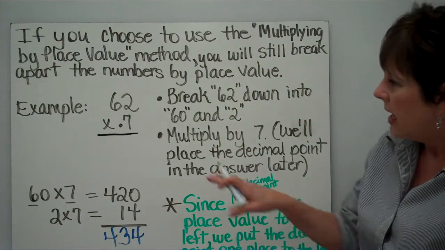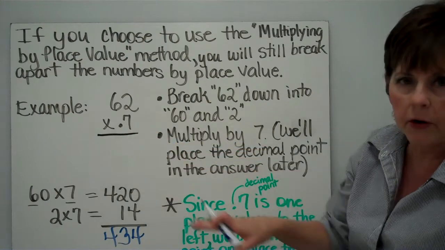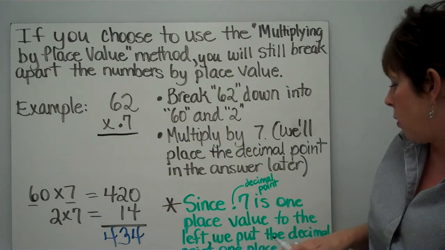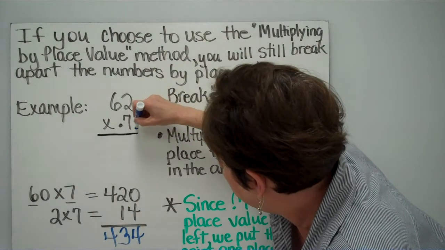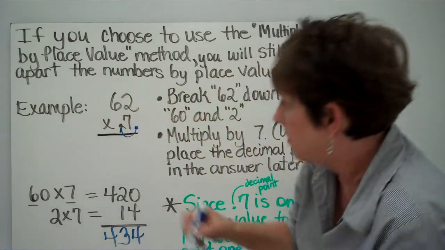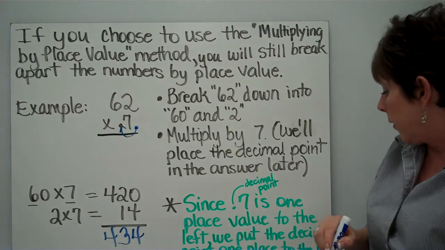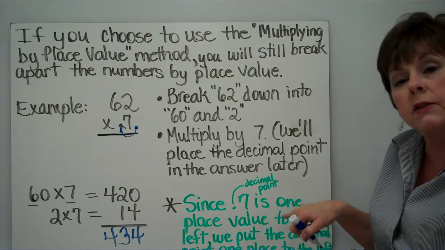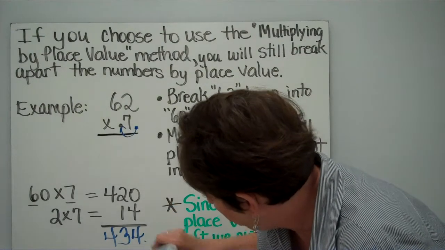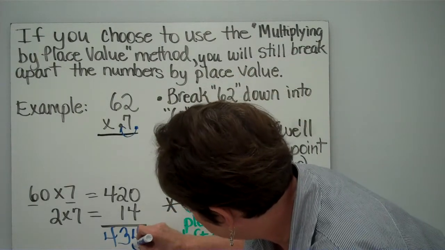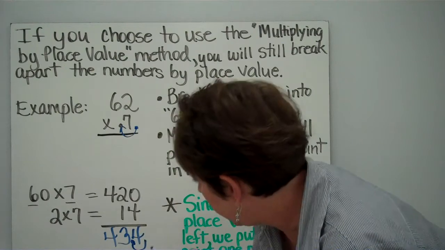Now, since the decimal point here in 7/10 is one place value to the left, in other words, instead of being here, it's one place value over, we're going to put the decimal point one place value to the left in our answer. So instead of the decimal point being here, we will move it to here.